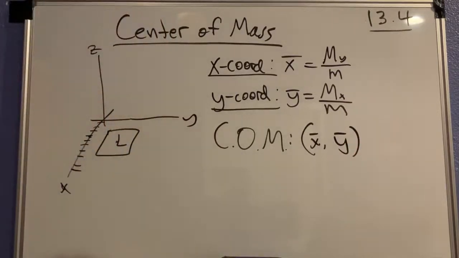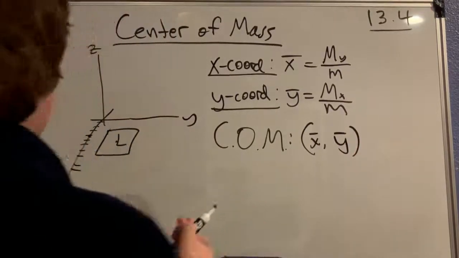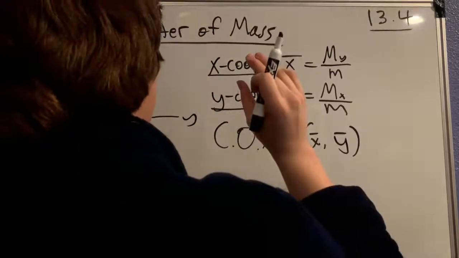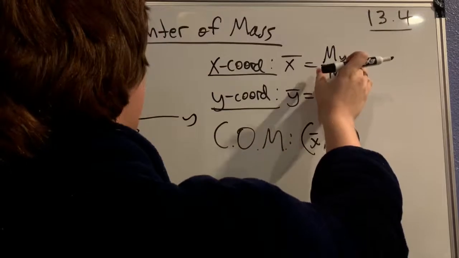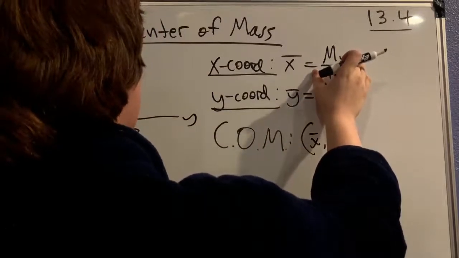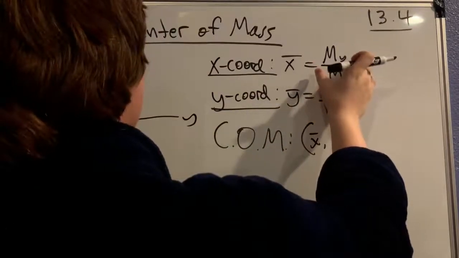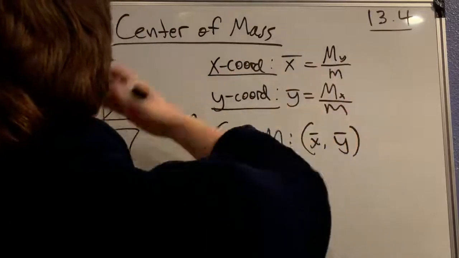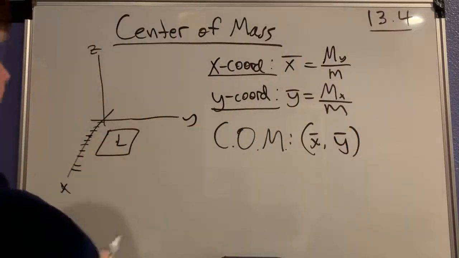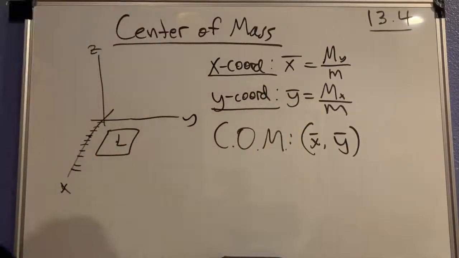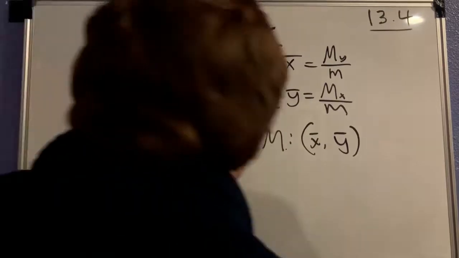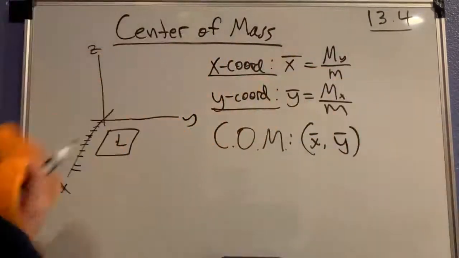And I really want to emphasize the point that x bar is pretty much measured by the concentration of, or how easy it is to move this lamina over the y-axis, and it's vice versa for the y-coordinate. And I really hope that makes sense, because I think it is very important to understand in this lesson.